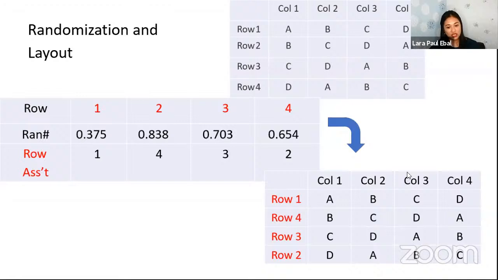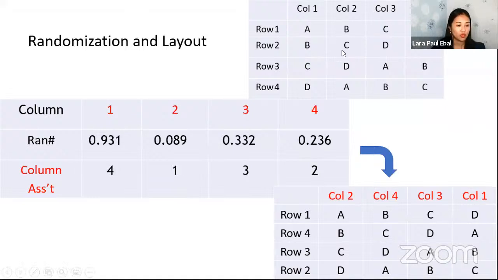So in the arrangement, we now have 1, 4, then 3, then 2 as rank 4, the last row. I hope you can follow. So 1, 4, 3, 2, that's for the row factor. Of course, you will not use this when you use the software, because it has its own way to randomize.